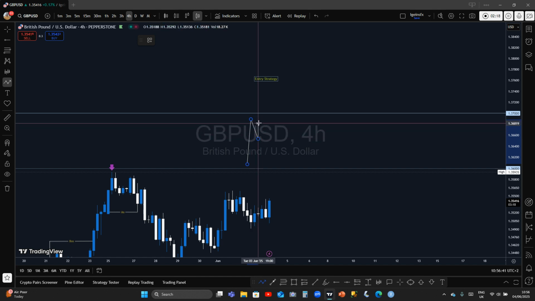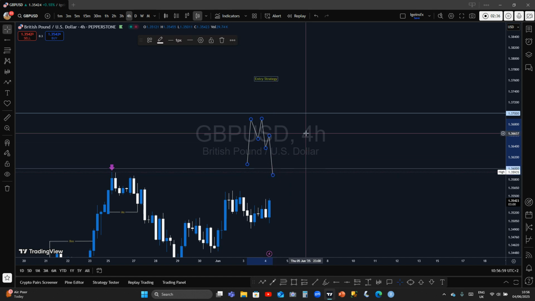Instead of breaking structure to the upside, it will create another head like this. Then it will now start coming down. When it comes down, it will take out this low, like this, then it will start coming down. So a double top is what?